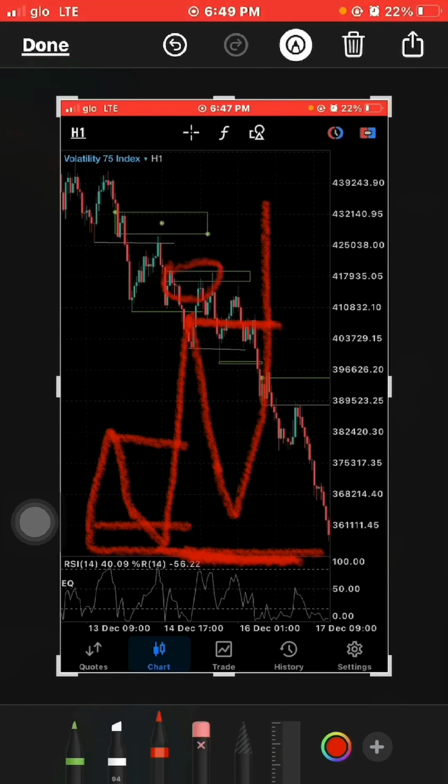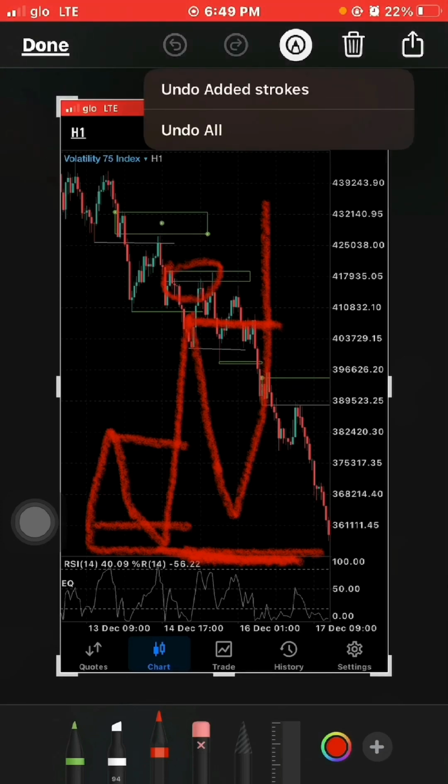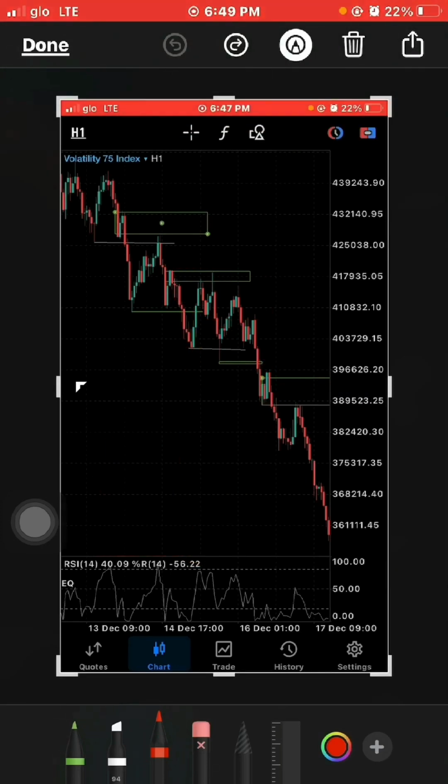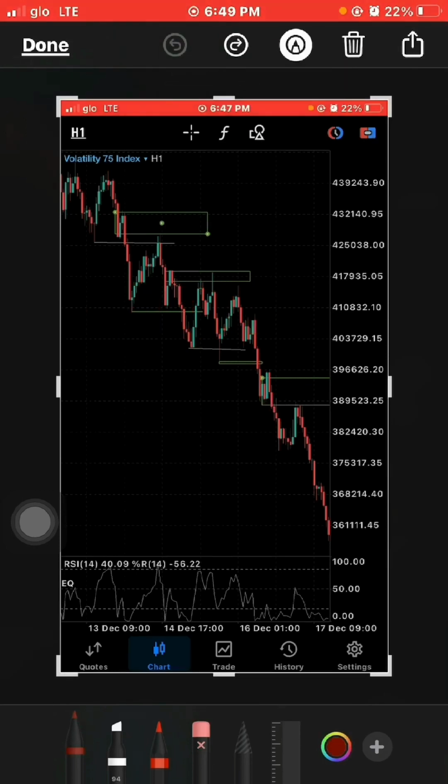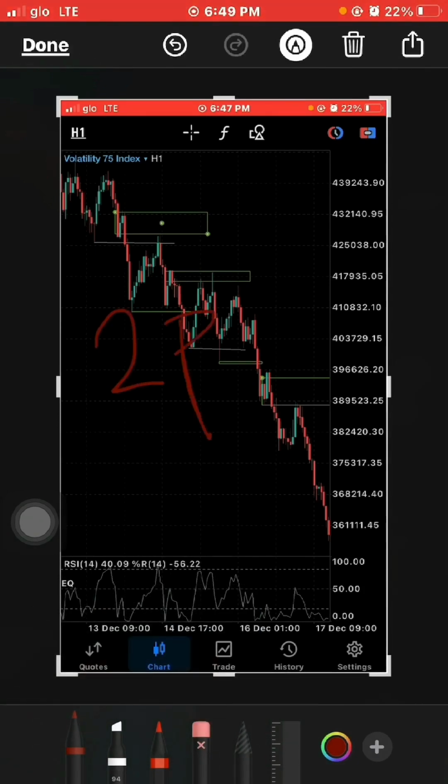Now, what type of lot size would I recommend for various trading accounts? You know this is Volatility 75 and the market is very volatile. For a 100 USD account, you can open two positions.